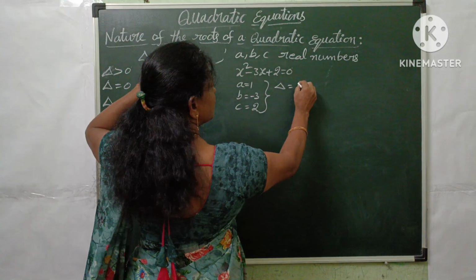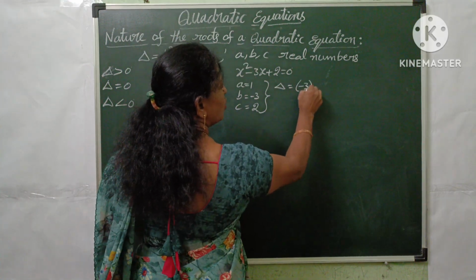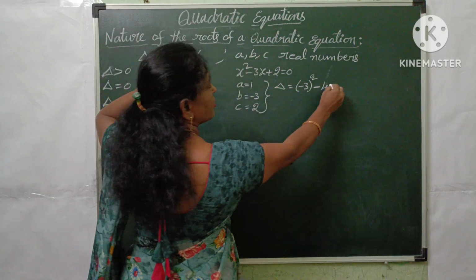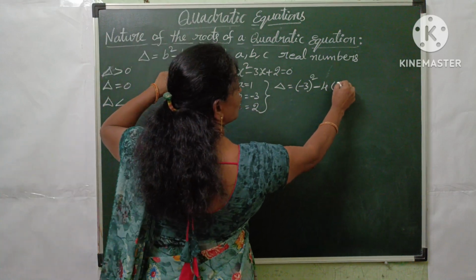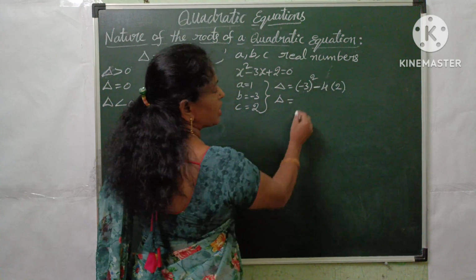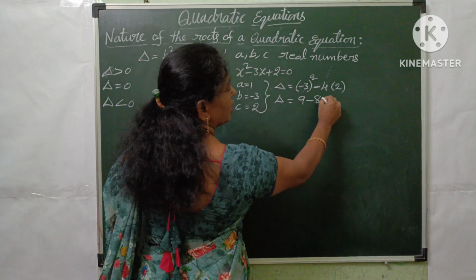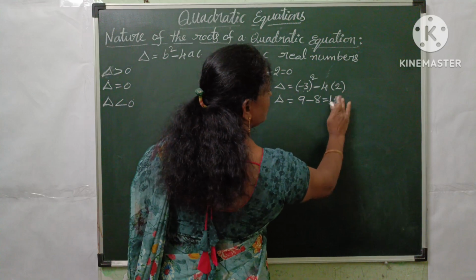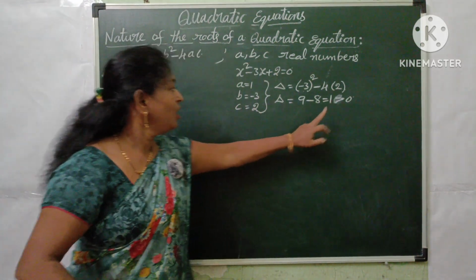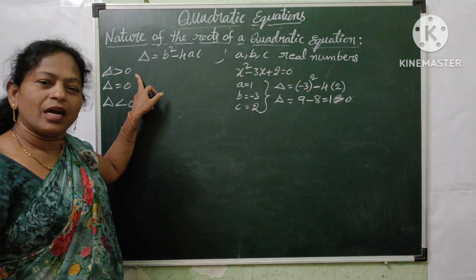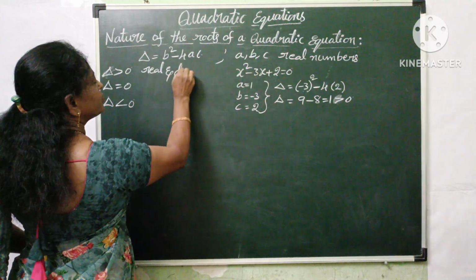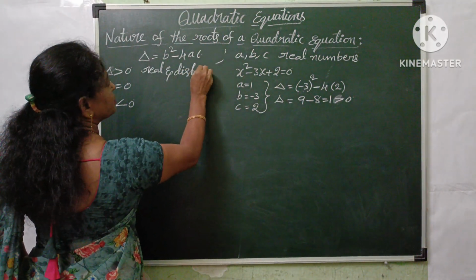Here b square is minus 3 whole square, minus 4 into a is 1 and c is 2. That is delta equal to 3 3s are 9 minus 8 equal to 1. 1 is greater than 0, so the roots are real and distinct.